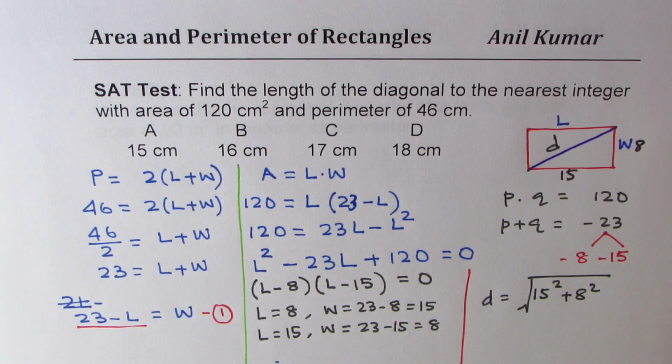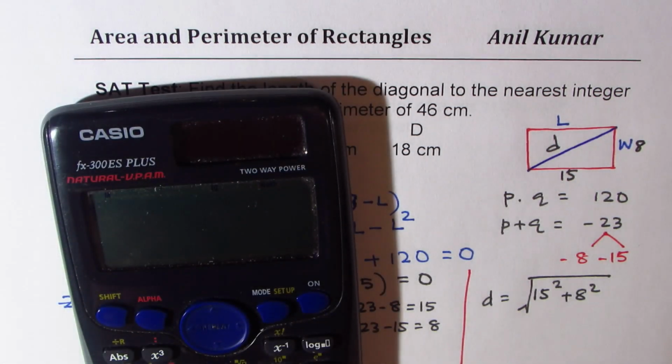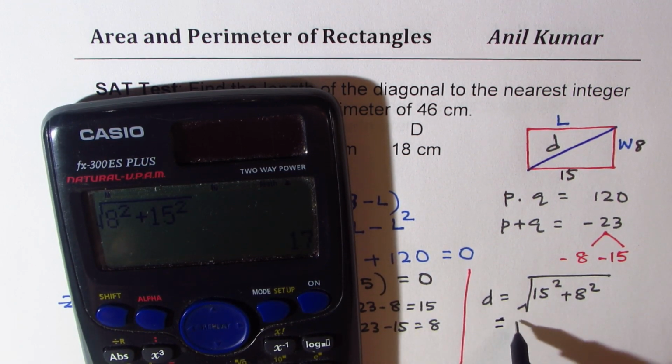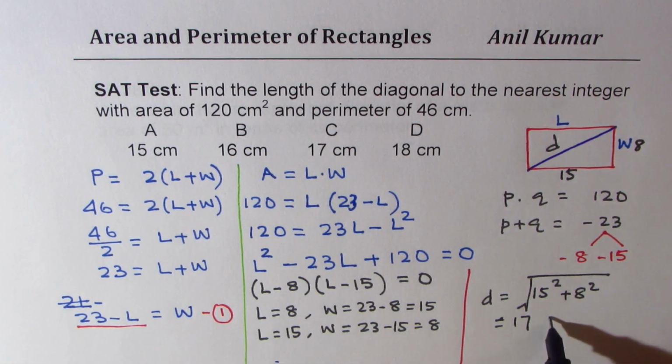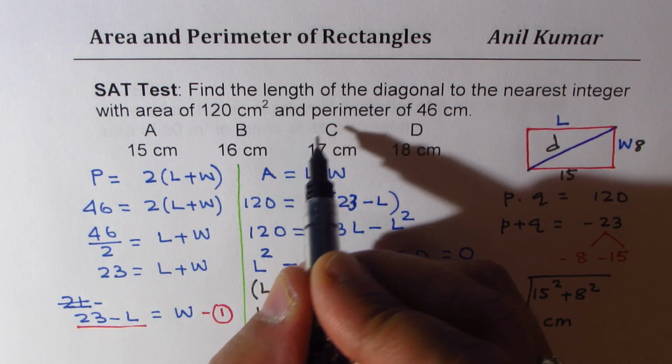You can use the calculator, but this is a straight number. Many of you will know about it at this level. So we have 8 square plus 15 square, square root equals 17. So we get diagonal of 17 centimeters, which is option C.